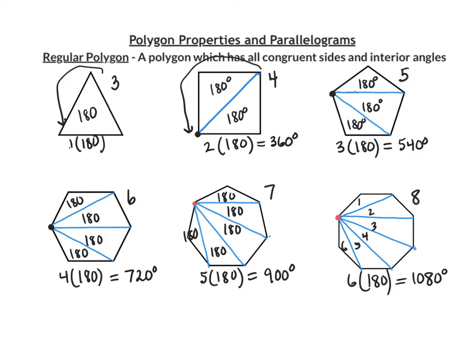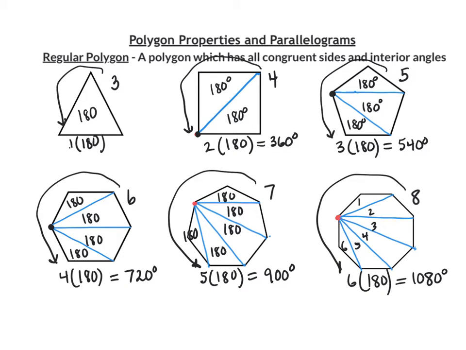The pentagon, the five-sided figure, had three triangles, and the hexagon, a six-sided figure, had four triangles. A seven-sided figure had five triangles, and an eight-sided had six.